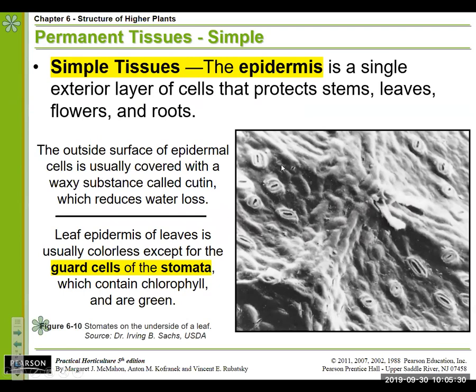These are on the underside of the leaves, and around these stomata are guard cells that are triggered by certain chemicals to open and close throughout the day, and in the evening, to allow for the exchange of gases, basically to release oxygen and respire, and to take in carbon dioxide so they can continue to photosynthesize. So they're like the pores in our skin in a way, except they're mostly on the underside of leaves, and in some plants they're in the stem as well.